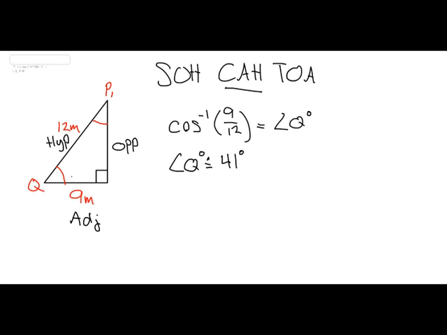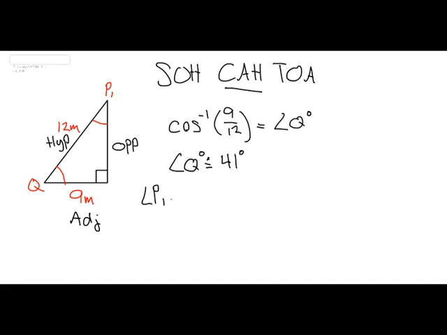So we can use a bit of a trick here. Notice that because this is a right triangle, we want to find out what P1 is. Now, it's very true that we could go through the whole process again using, for instance, sine. But instead, let's use the fact that angles in a triangle add to 180 degrees.